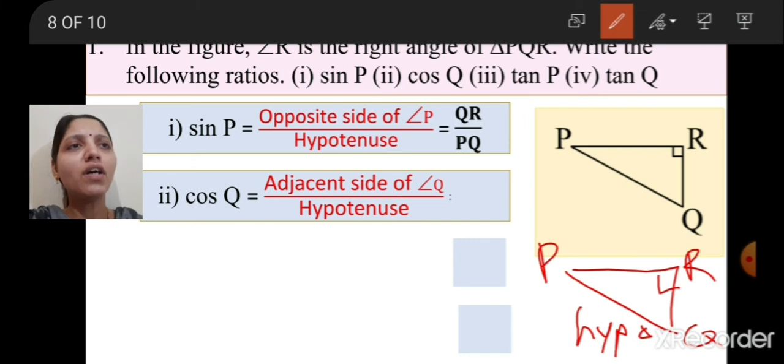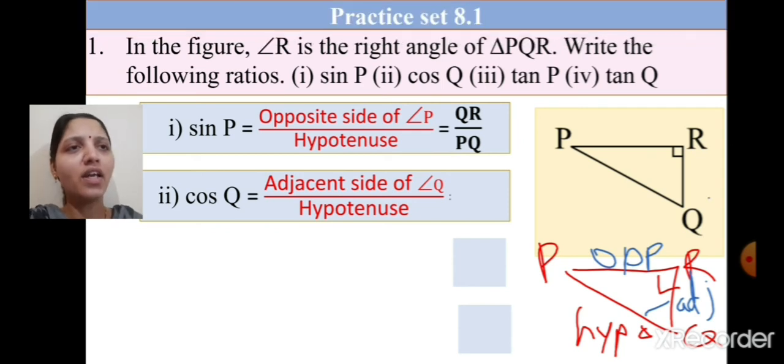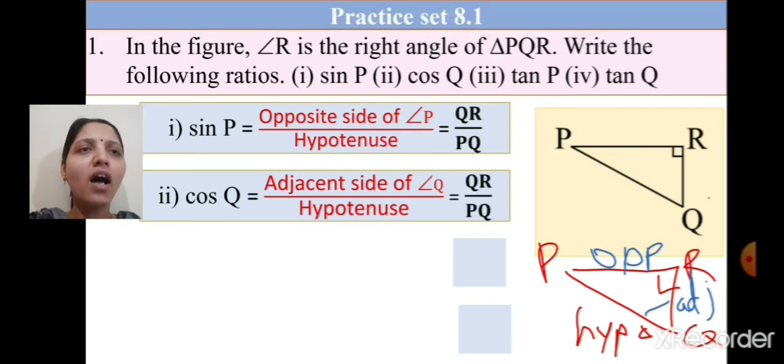So what will be the opposite side of angle Q? That will be this side. Okay. And what will be the adjacent side? This side. So what will be the cos Q value? Yes, it will be QR upon PQ. Okay, so I hope you all are understanding this.